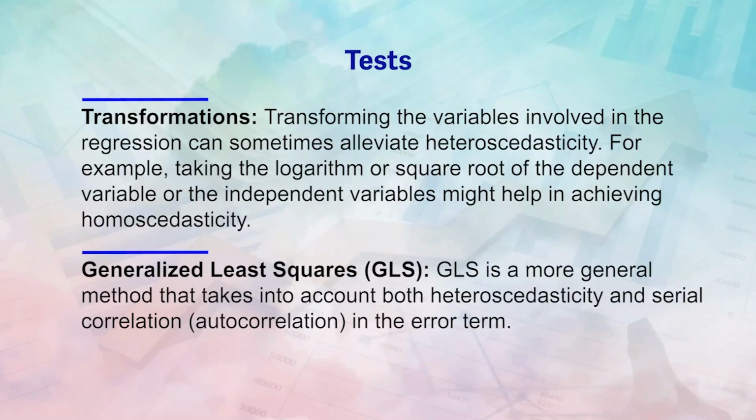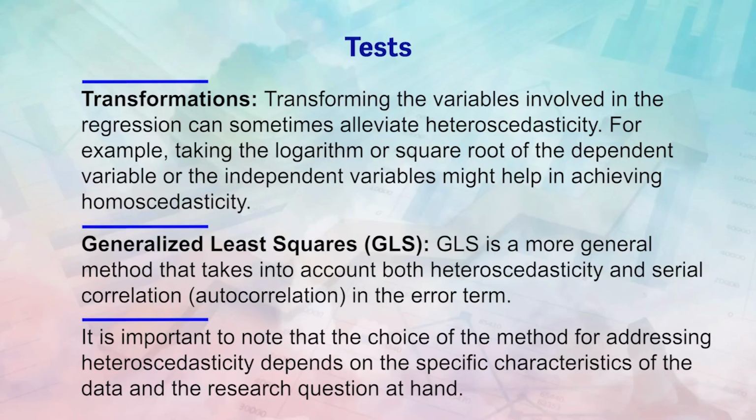Generalized least squares is one of the most popular methods, which basically takes into account both problems, not only heteroscedasticity but also autocorrelation, and as a result of that, it will make it more clear when we go for a heteroscedasticity adjusted error term. So based on all these tests, whenever we are addressing the problem of heteroscedasticity, it's very clear how the problem can be accommodated without going for OLS, because any kind of OLS will be inappropriate.